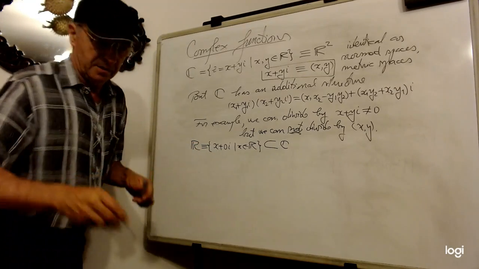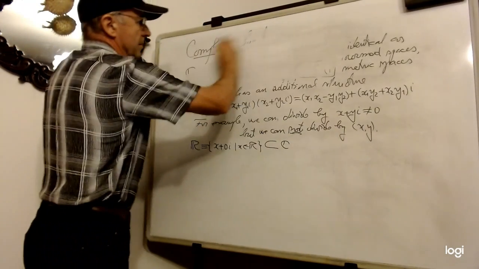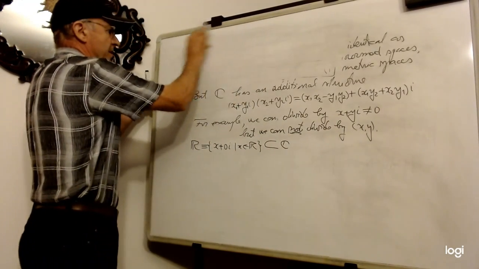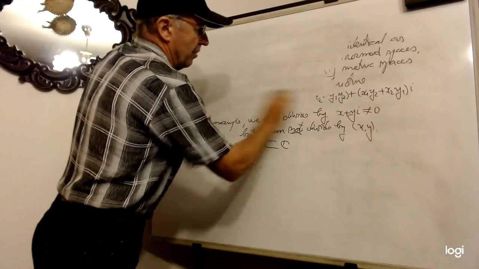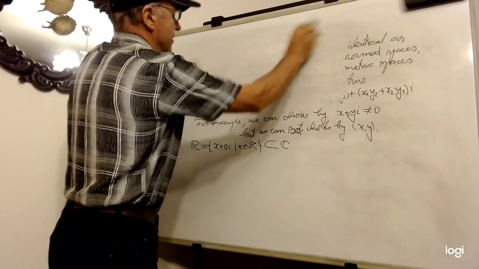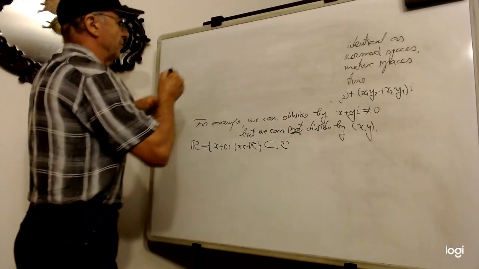Let us represent. We know the geometric representation of the complex numbers. For this, we use the system of axes.